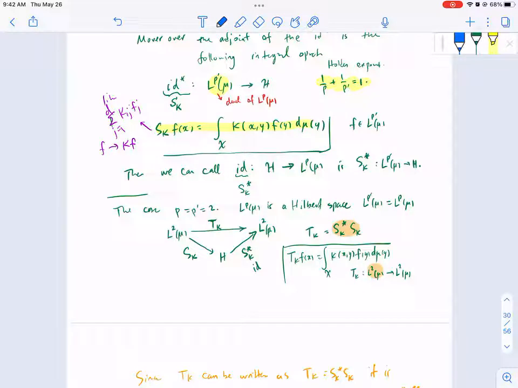The key is that it is self-adjoint and positive, so it has a diagonalization in terms of eigenfunctions.